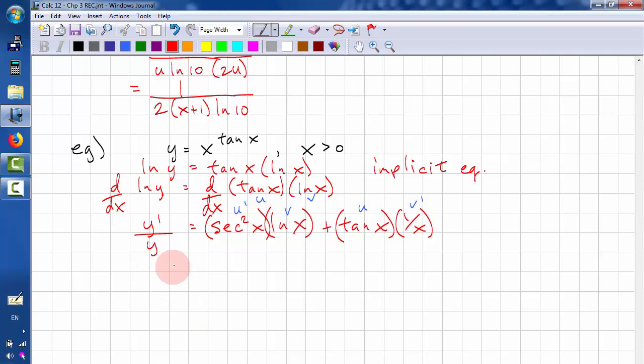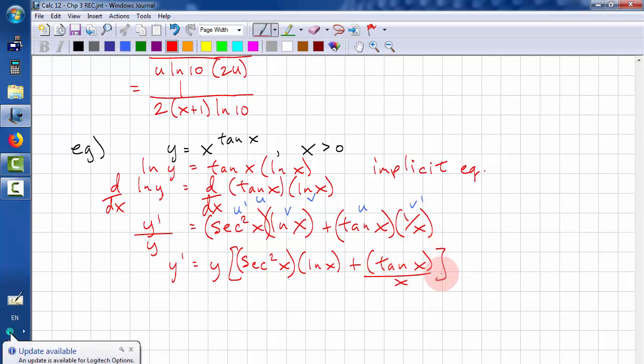Now we need to isolate y prime. So it's y times secant squared x ln x plus tangent x over x. And now we substitute x tan x back in.